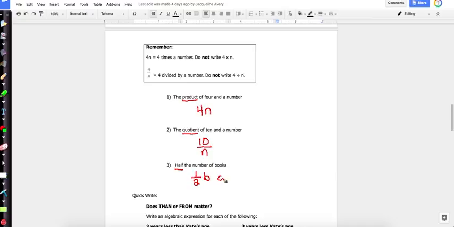Or another way of writing it is b divided by 2. But this is the best answer if you're looking for multiple choice. You won't see it this way. If you see 1/2 in the words, you will see it written like this. But when you're writing your own, you can write it either way. But just remember, multiple choice, you're looking for this one.